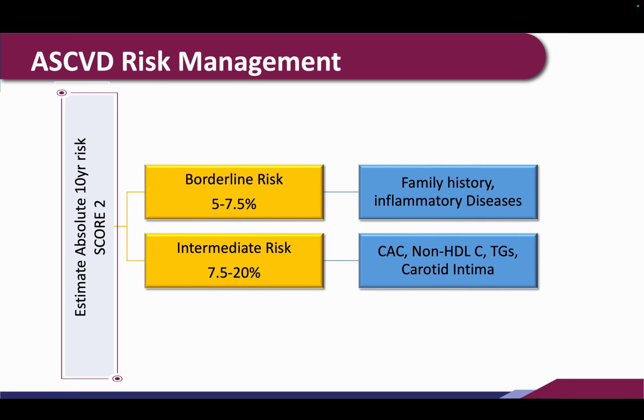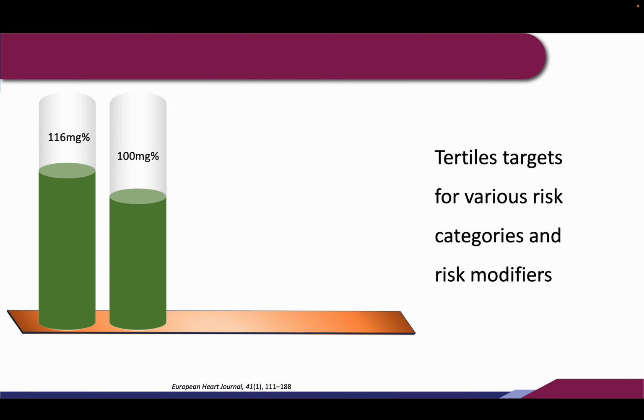For example, if the non-HDL is high, we would upgrade this intermediate category to high risk. For example, in a borderline risk, if your calcium score is 0, we downgrade the risk of the person to a low risk category. So we can reclassify the risk category based on that.